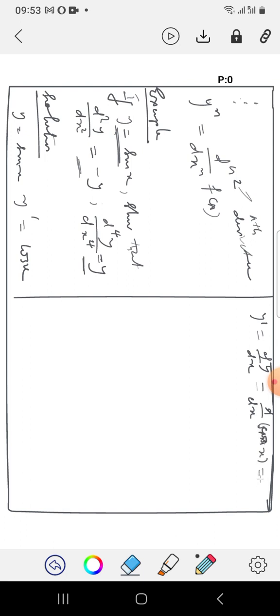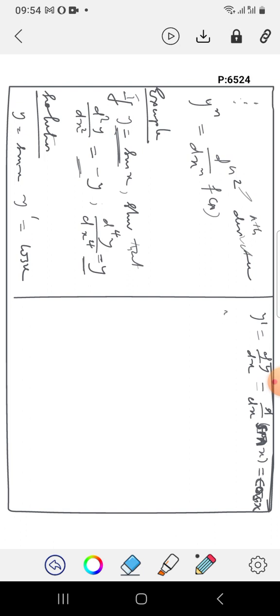Sorry, what am I doing here? This is sine x, so it's going to give us cos x, straight up cos x.